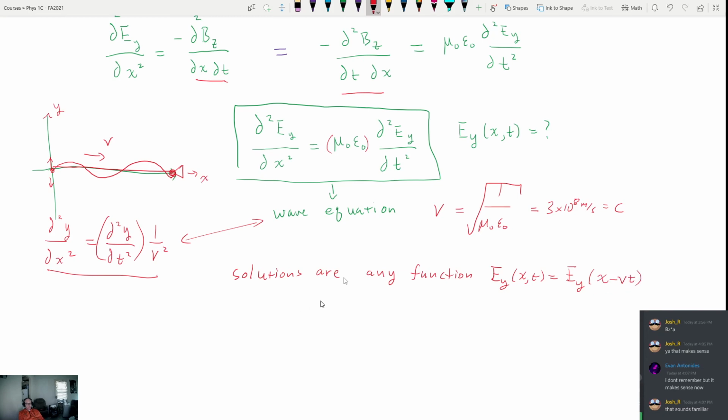Any function you choose, it could be, for example, just as an example, Ey could be equal to 1 over x minus vt, whole squared. You can check for yourself. Do we want to check? Maybe we want to check that this equation will satisfy this differential equation, because it has the general form that it's a function of something x minus vt, and it guarantees that it will solve this equation as long as it's a function of x minus vt.